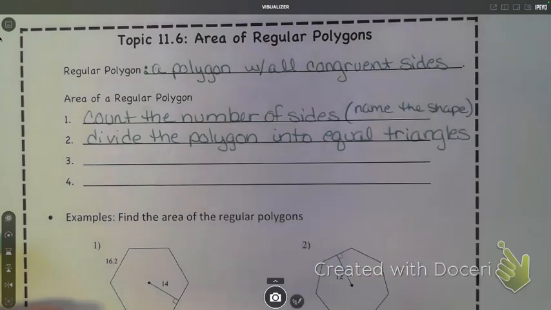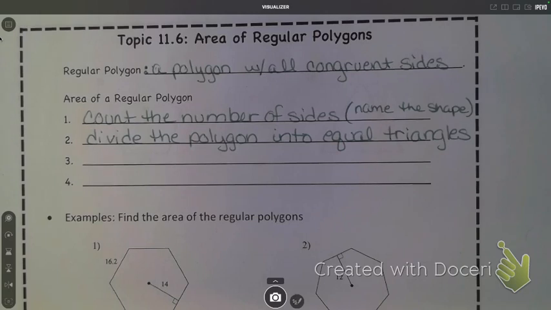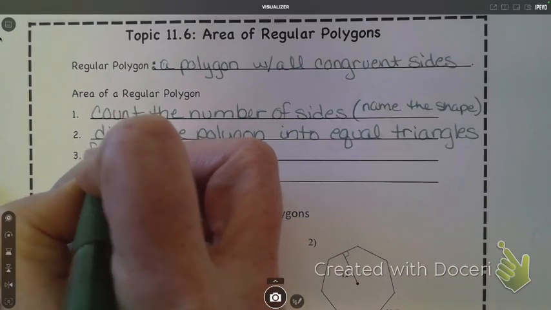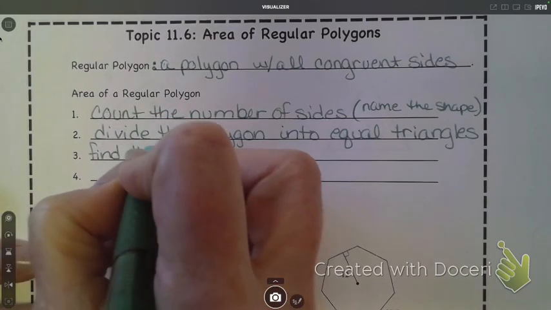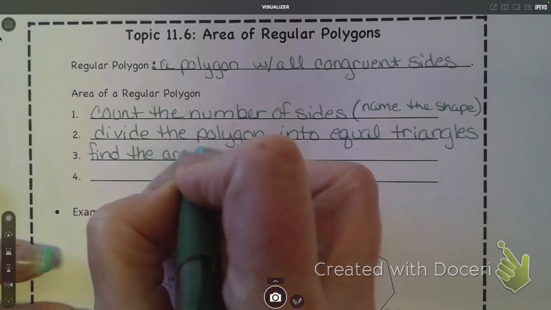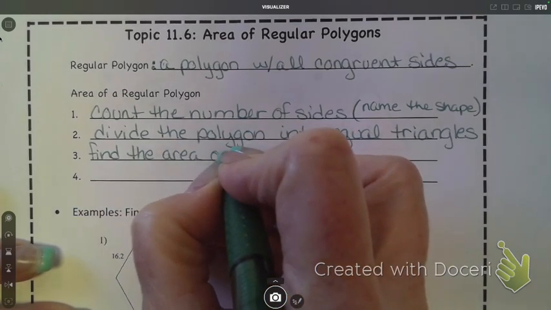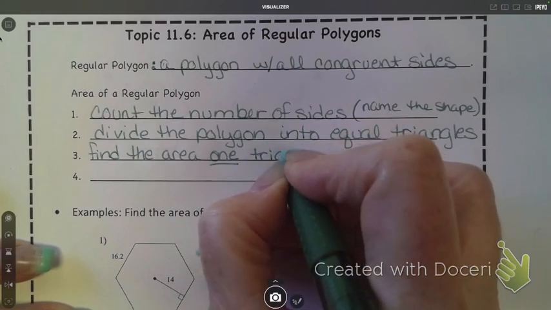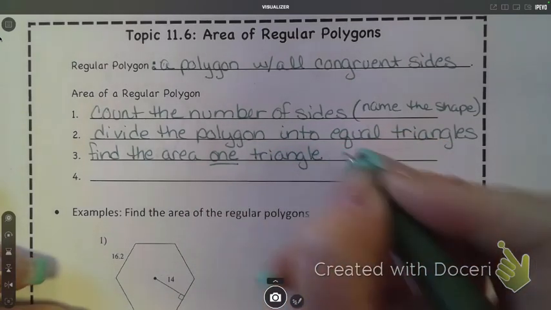Okay, so we're going to count the sides, we're going to name the shape, we're going to divide the polygon into equal triangles. Then find the area of one triangle. Guess what we're going to do with that?